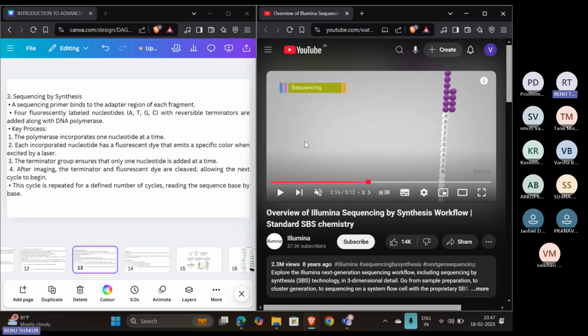DNA polymerase needs nucleotides to replicate DNA. We are adding fluorescent nucleotides because we need to detect the sequence of the unknown sample. So when we add reversible terminators, it is ensuring that only, excuse me, just give me a minute.